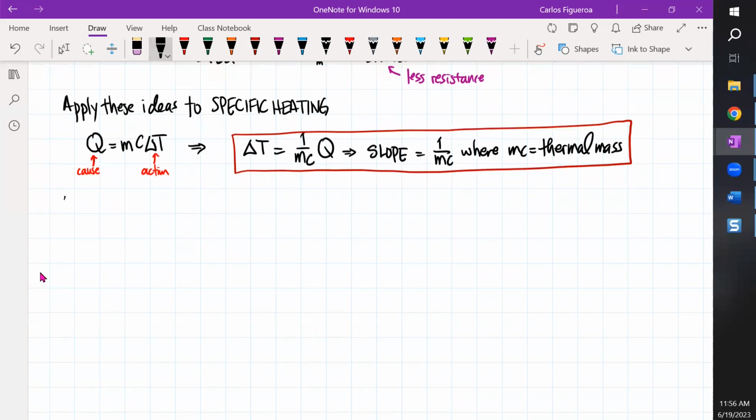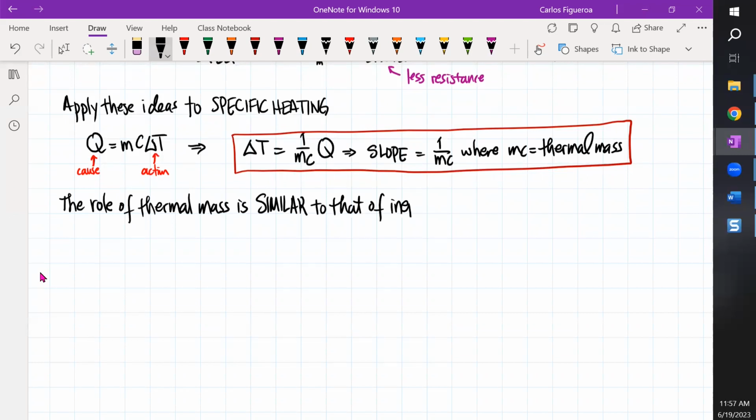We could then say that the role of thermal mass is similar to that of inertial mass in Newton's second law.